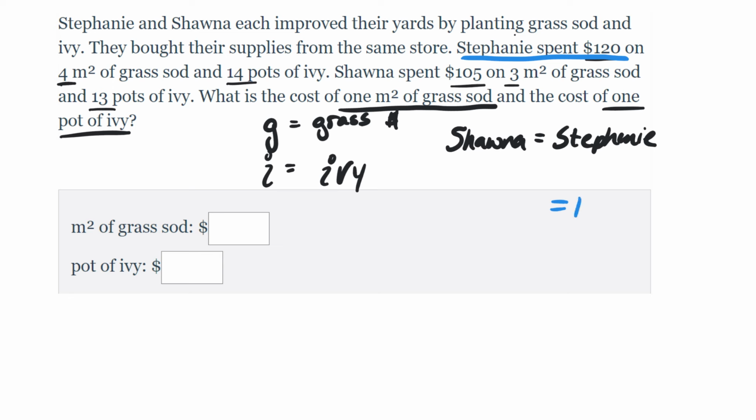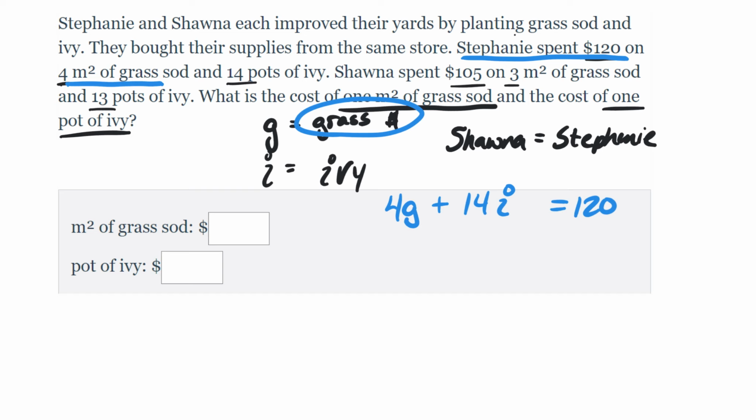Stephanie spent $120, so her total amount is $120 on 4 meters squared of grass sod. Well, grass sod, the amount is our G, so she would be 4G because she bought 4 of those. And she bought 14 of the pots of ivy, which is our I amount here. So that would be Stephanie's equation.